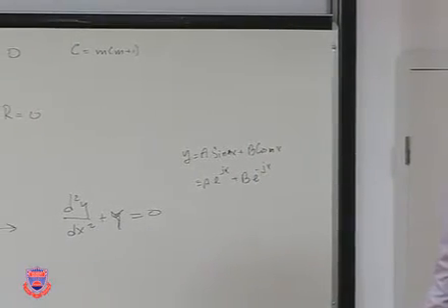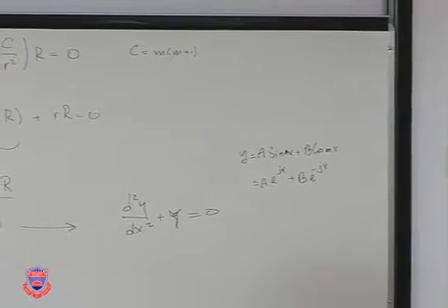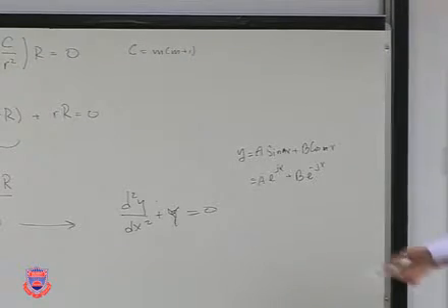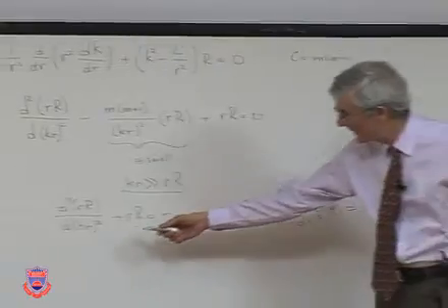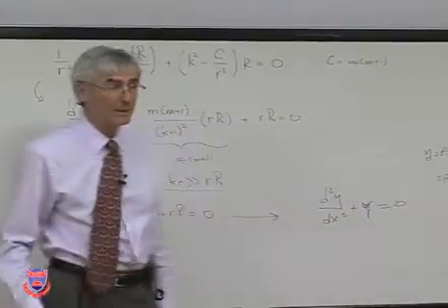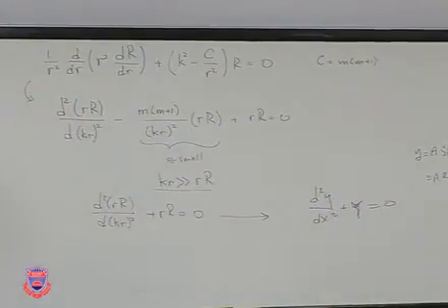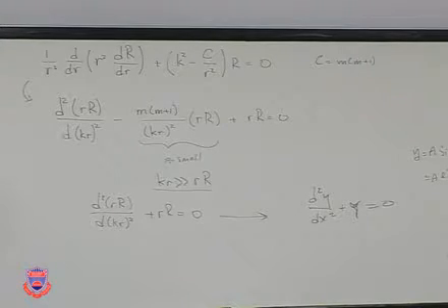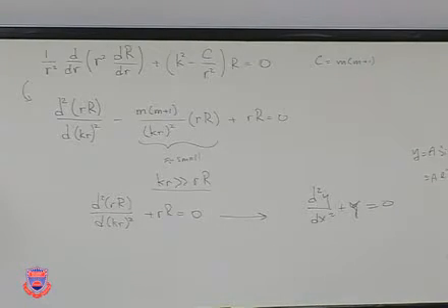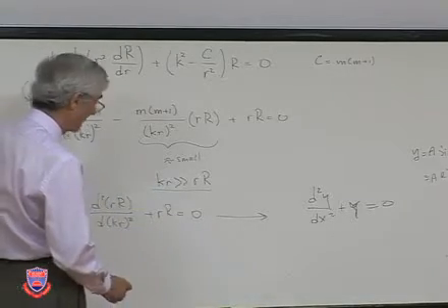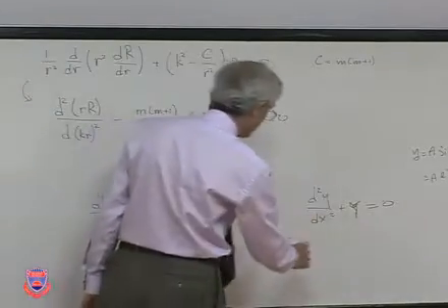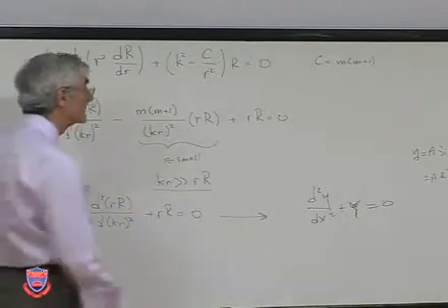Have you seen this before? Never? This is the first time? Okay. So, what can we write here as a solution? If you make that substitution, what do you have? Just make a substitution. What's y? Exactly.